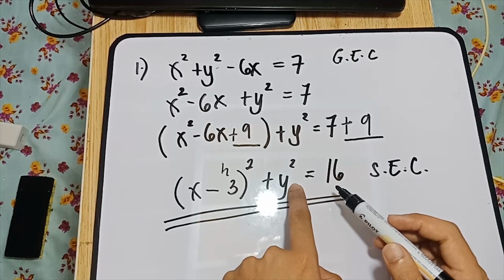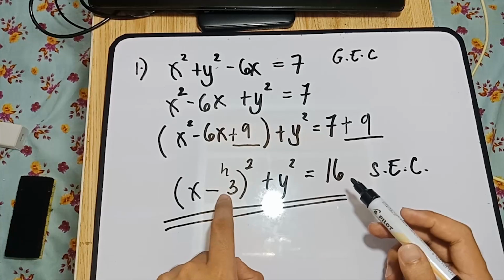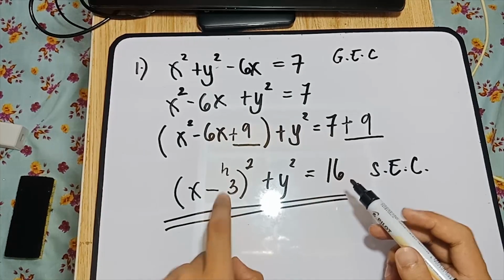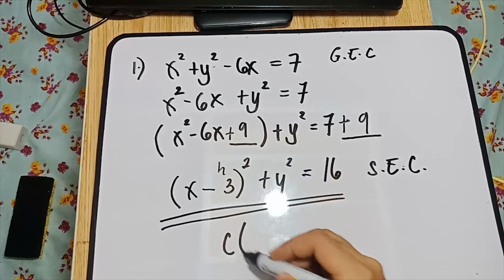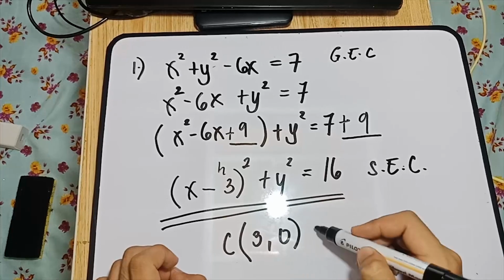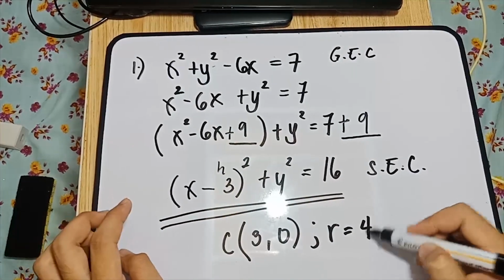Kasi wala naman siyang kasama. So, 0 yung K natin. So, yung H natin ay that is 3. So, yung center natin ay 3, 0. Tapos, yung radius natin ay square root ng 16, that is 4.